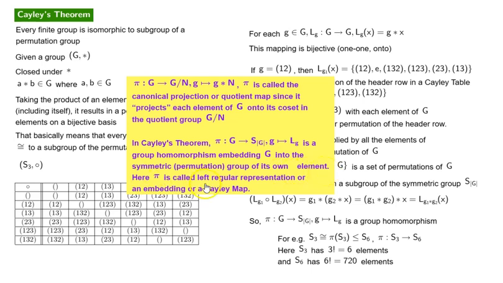Here pi is called the left regular representation, an embedding, or a Cayley map. That is Cayley's theorem: every finite group is isomorphic to a subgroup of a permutation group. So that was Cayley's theorem.